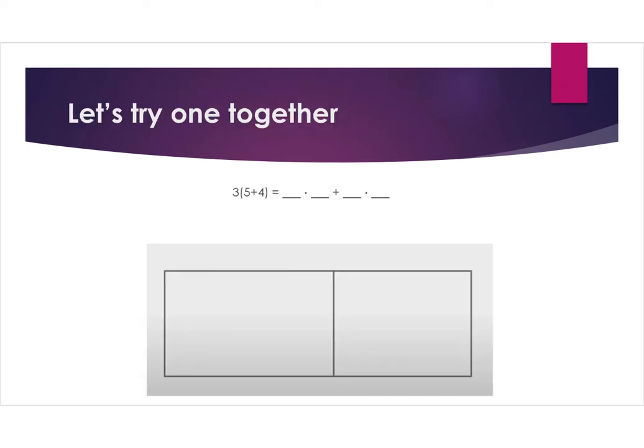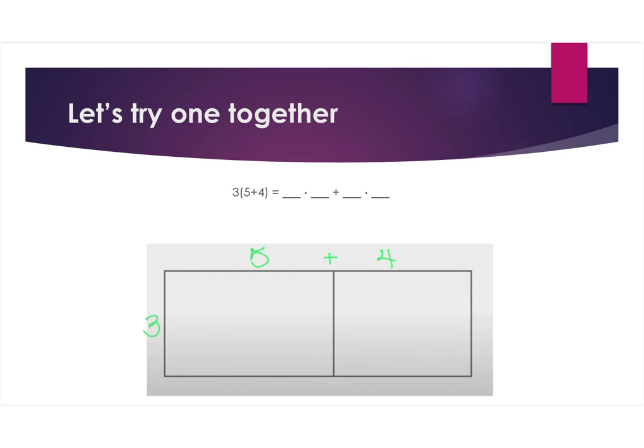So let's try one together. So I see 3 times the quantity 5 plus 4. So I need to put the 5 plus 4 on top or bottom, either way, and the 3 out front.